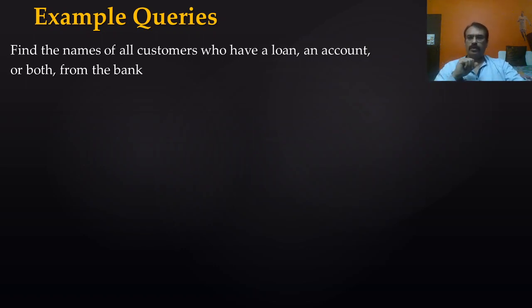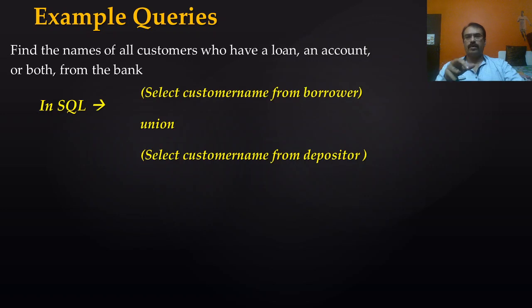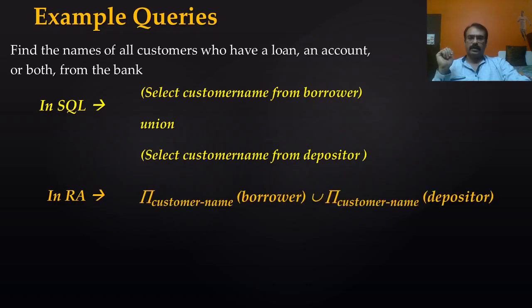So it will be a union operation. In SQL, I am going to write it as select customer name from borrower union select customer name from depositor. It is this simple. So the union operation is there with us. Select customer name from borrower: there is no where clause, because there is no sigma.